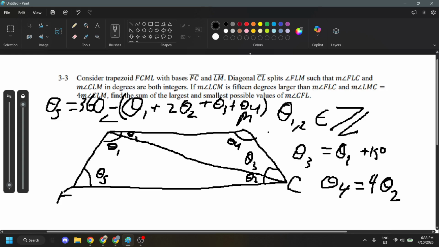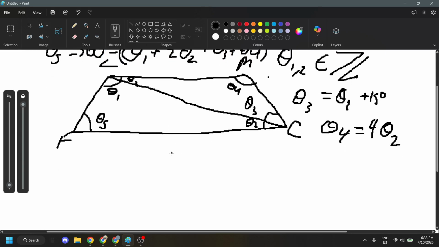Well, we can change this thing into theta 1 plus 6 theta 2, because this is 4 theta 2. 6 theta 2, 2 plus 15.